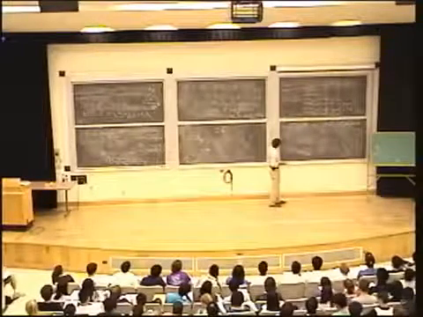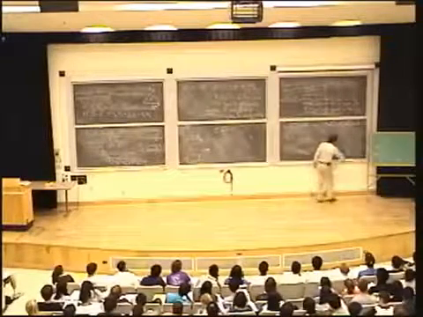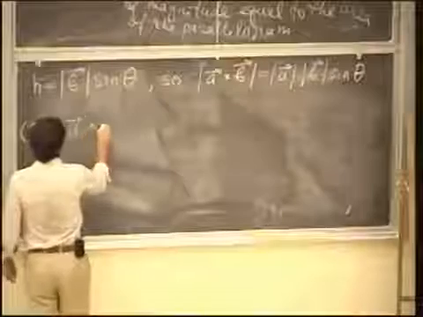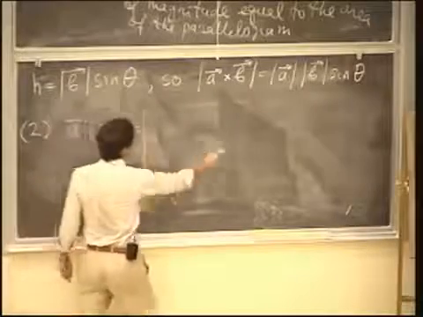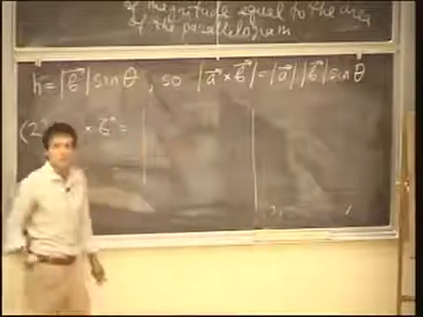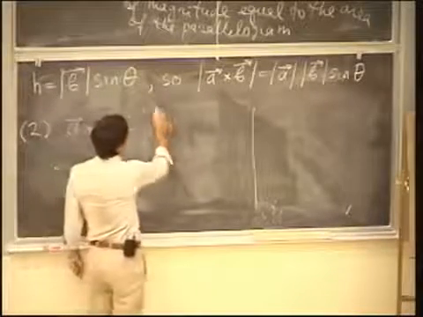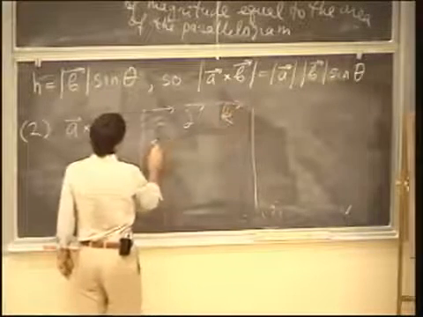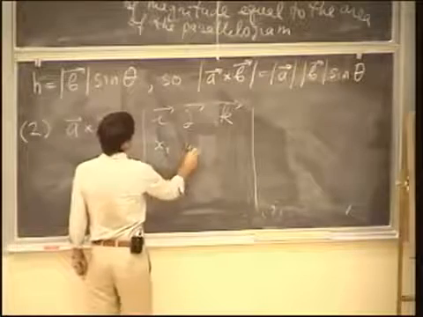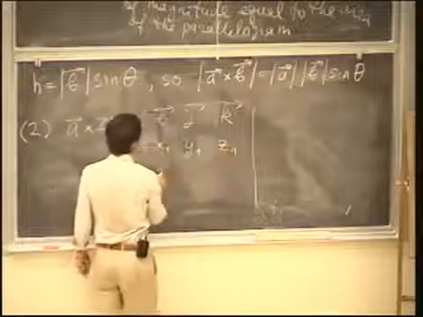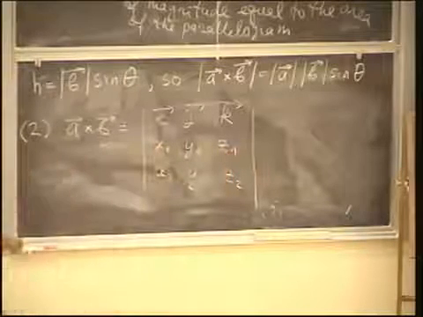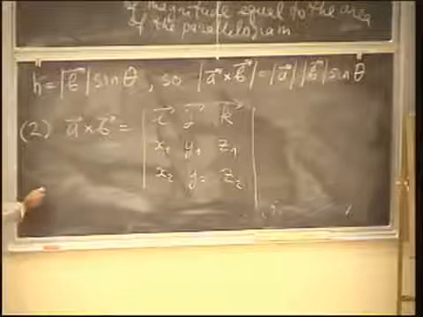So the second definition is the following. It involves a new piece of notation, which is called the determinant.